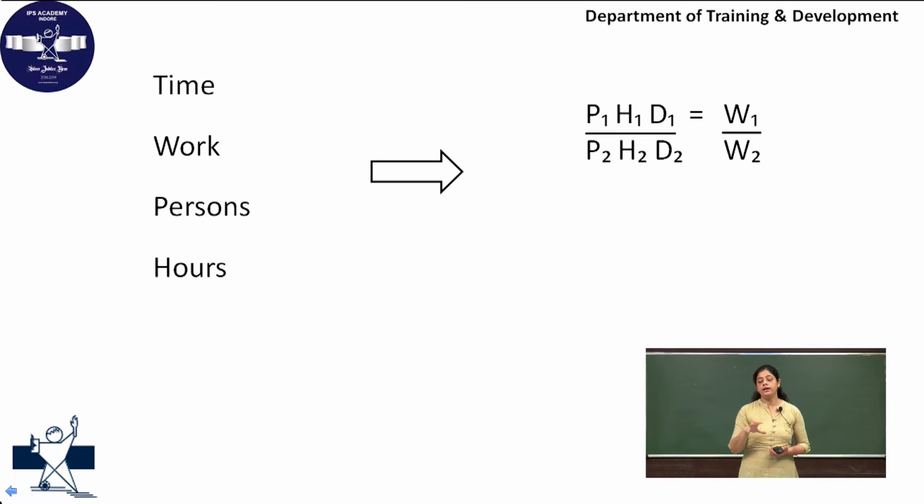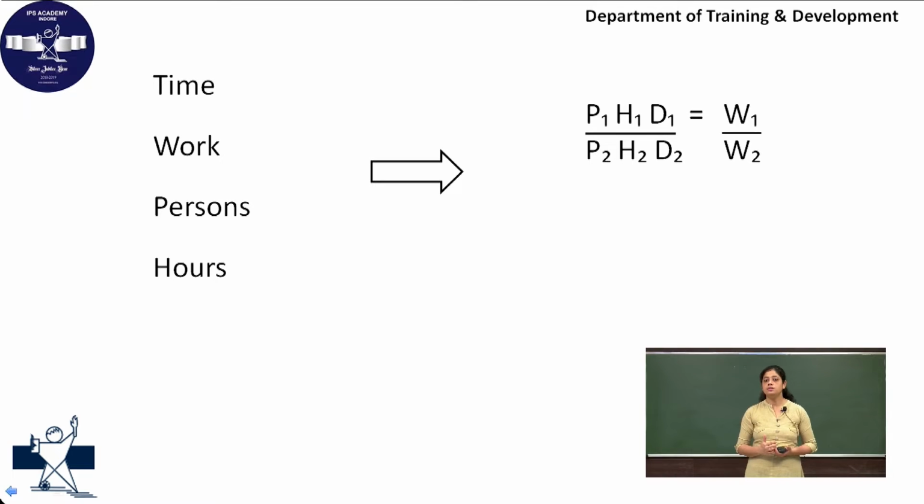जैसे अगर मैंने बताया कि 50 मैगजीन अपने को प्रिंट करने के लिए 5 लोग अगर लगाए, they are working 8 hours per day, so they are taking 12 days. Then if I put 10 persons into the work, how much days they will take? So you can take P1 as 5, then P2 as 10, H1 as 8, H2 as 8, because I have not changed the number of hours in a day.